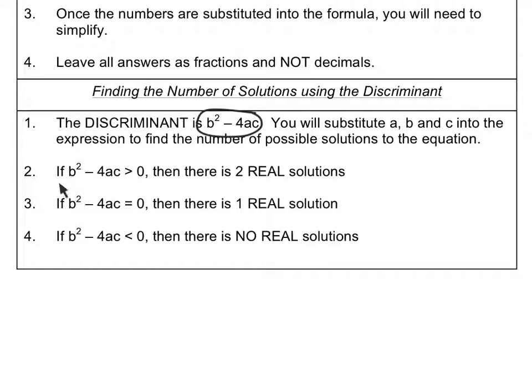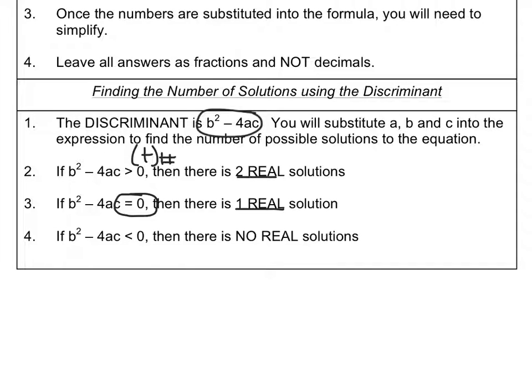If b squared minus 4ac is greater than 0, in other words, it has to be a positive number, then there are going to be 2 real solutions. If when you calculate b squared minus 4ac it's exactly equal to 0, it's going to be 1 solution.